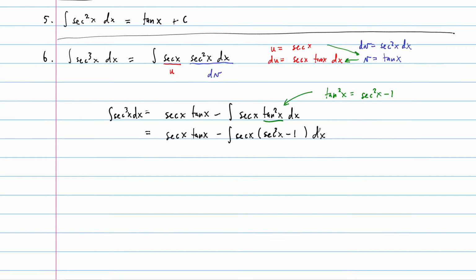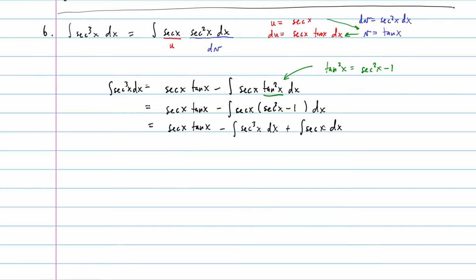And let's multiply this out and use the linearity of the integral. So this will give us secant x tangent x, minus the integral of secant cubed x dx plus the integral of secant x dx, right?